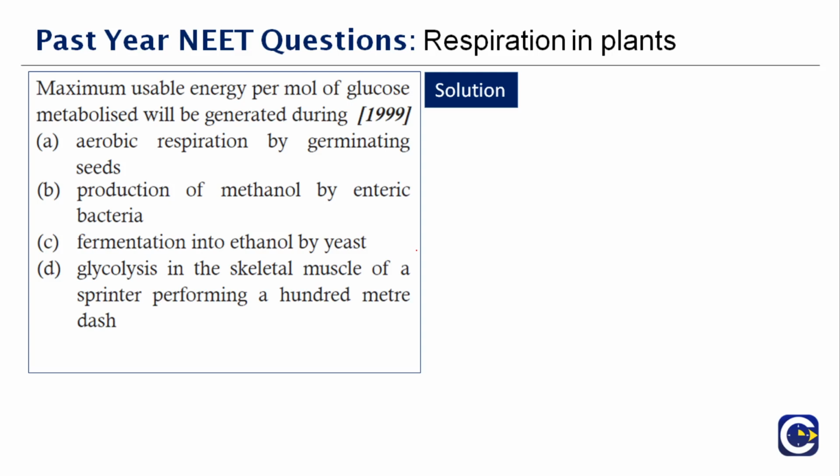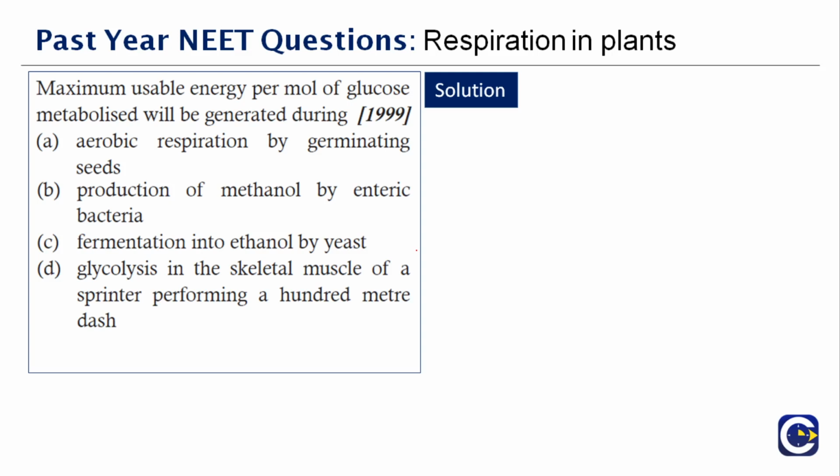Now here they are asking the maximum usable energy per mole of glucose metabolized will be generated during which process? Last question only we saw about that. We spoke about aerobic respiration where 1 mole of glucose is used and it will yield about 38 ATP molecules overall. So the hint is given here. They have mentioned it is per mole of glucose metabolized, so it will be generated during aerobic respiration by germinating seeds.